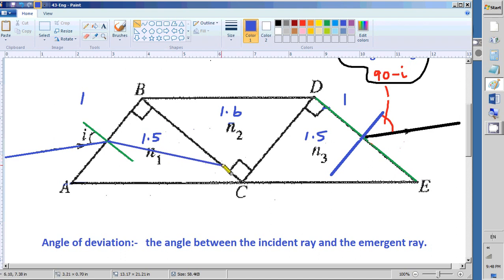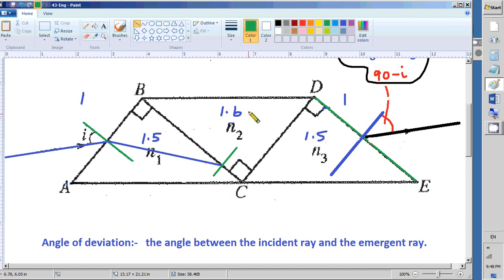So like this it might strike here on this surface. So now we have to draw the normal to this plane, to BC plane. So 90 degrees, so we place it here.